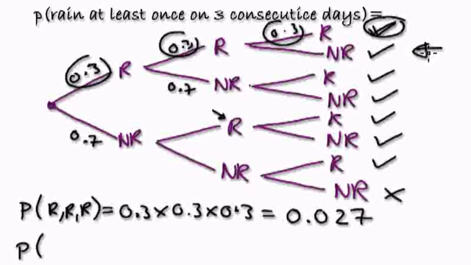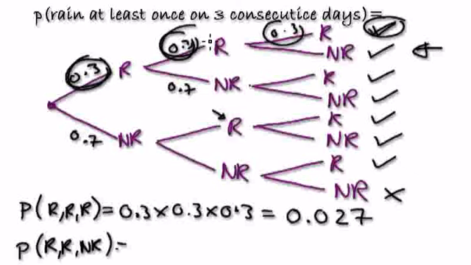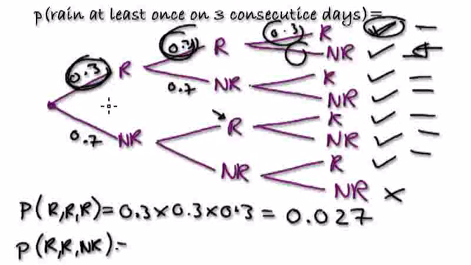Okay, and then you need this branch now. So probability of rain, rain, and not rain. So basically, you need this times this times this, and then you've got to add all these up, because you've drawn a map of all the possible things that could happen, and because the question is saying you need to know the probability of it raining at least once, you need all these branches except for this one here, not rain, not rain, and not rain.